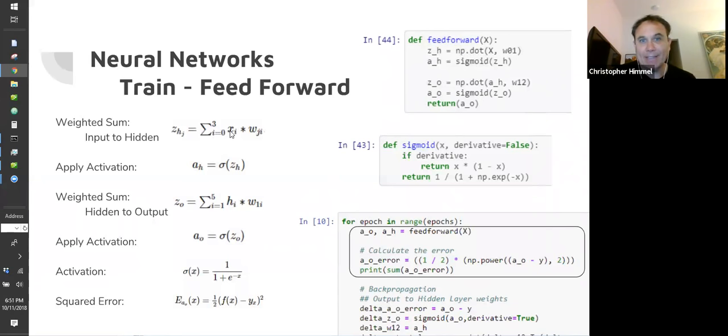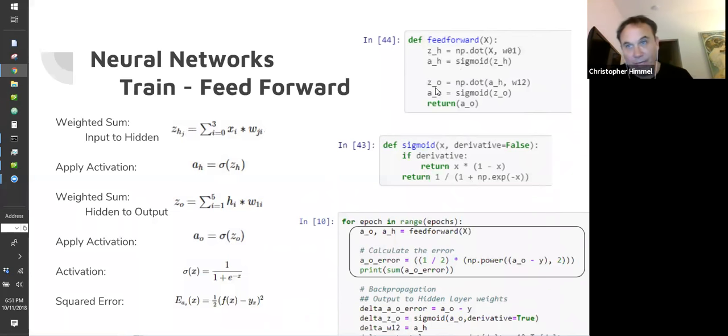We take x, that matrix, and multiply it by our W01, our weights. That's just the multiplication, and that gives us our Z for the hidden layer. Easy enough. We pass that through our sigmoid, which we define down here, I'll get to that in a second, and then we get our A sub H.